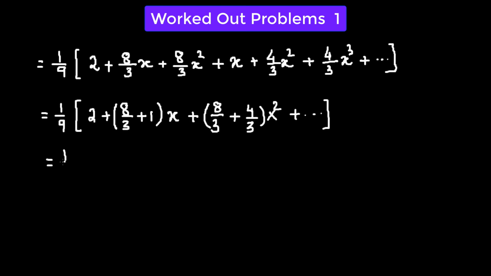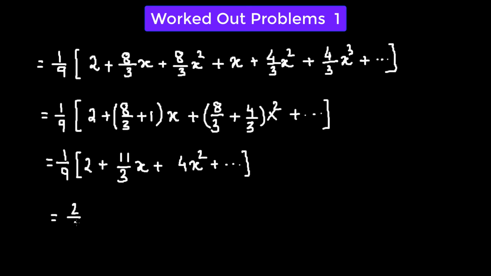So this would be 1 over 9 times 2 plus 8/3 plus 1, which will give us 11 over 3 times x plus, 8 plus 4 is 12, 12 over 3, so that is 4x squared, plus the remaining terms, and then we finally multiply by 1 over 9.